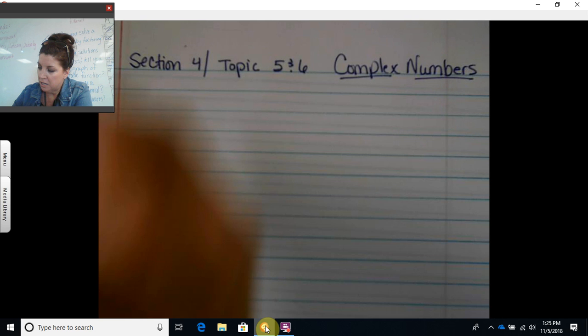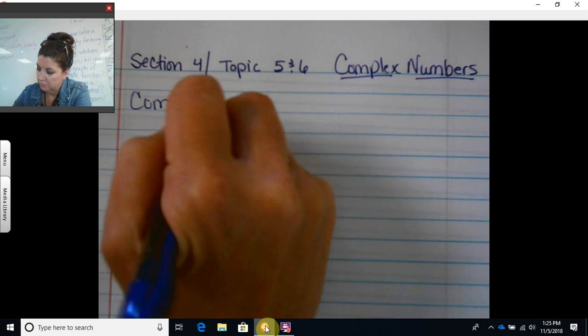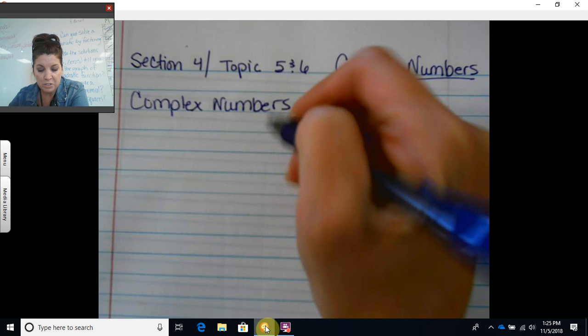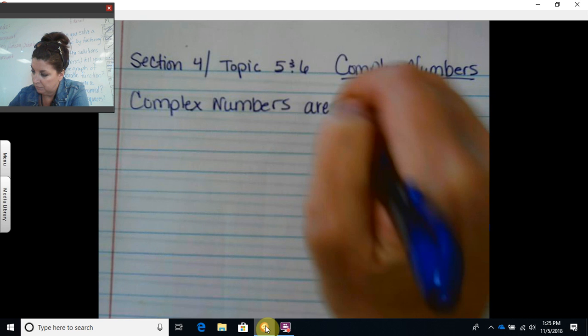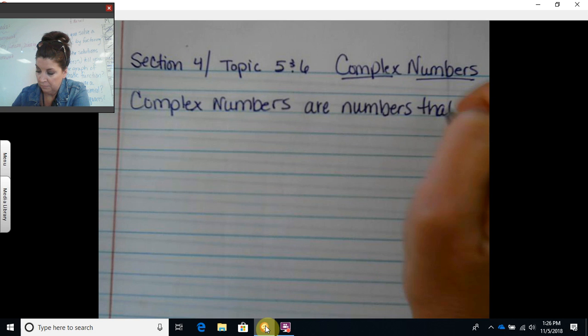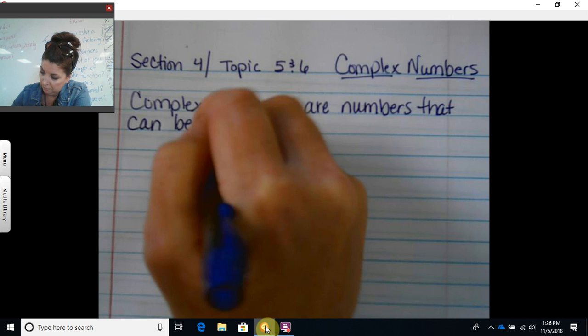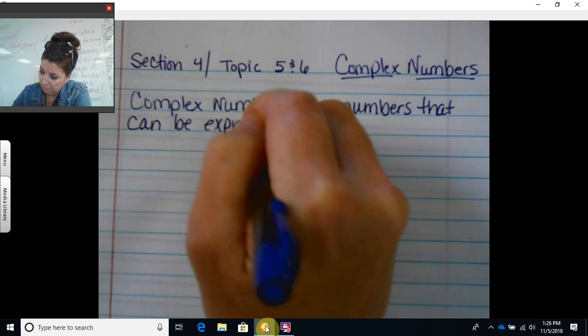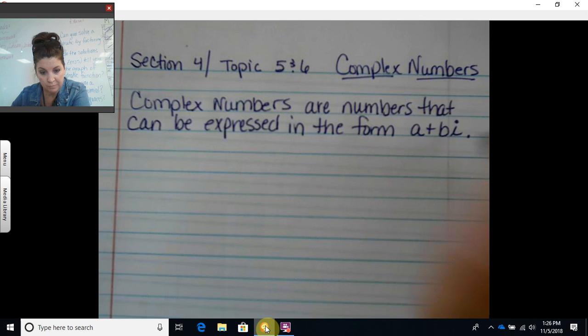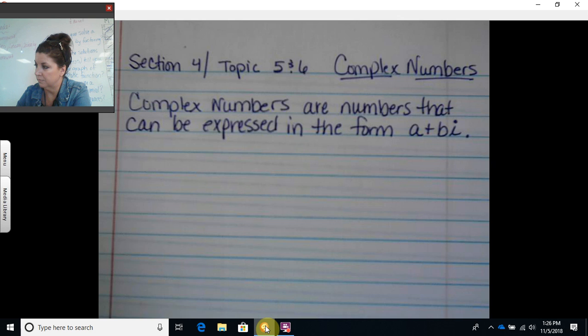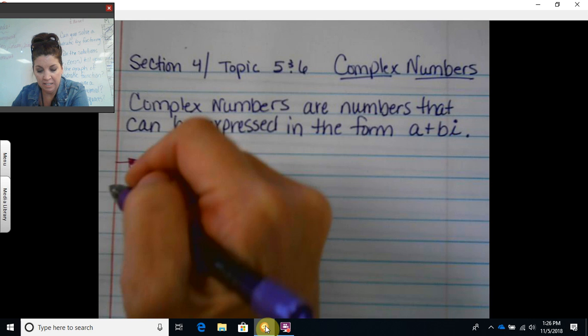All right, complex numbers are numbers that can be expressed in the form a plus bi. A and B are real numbers.